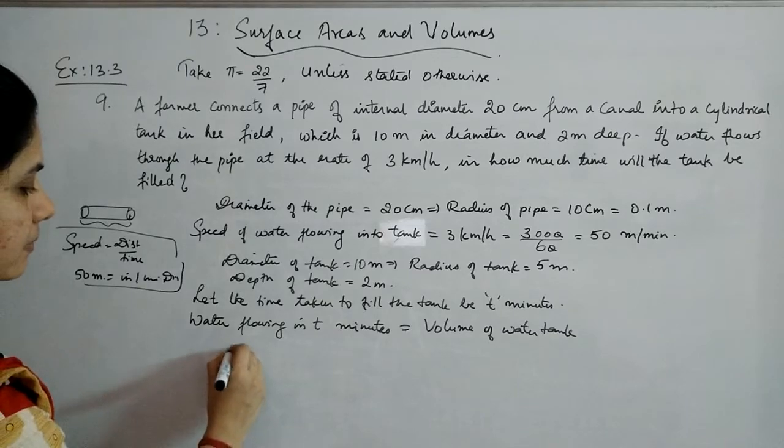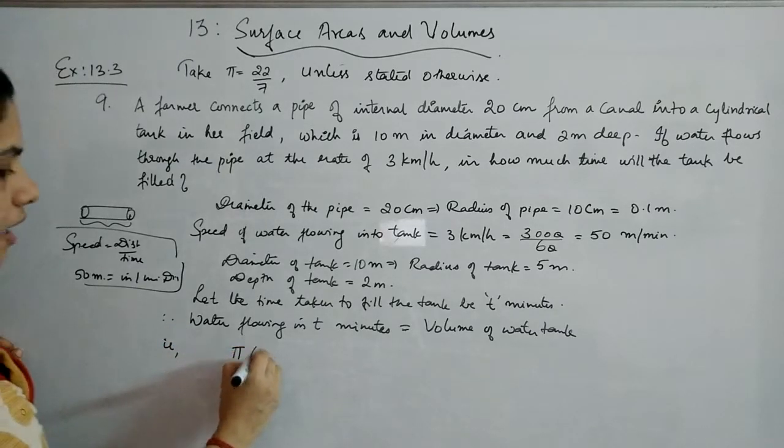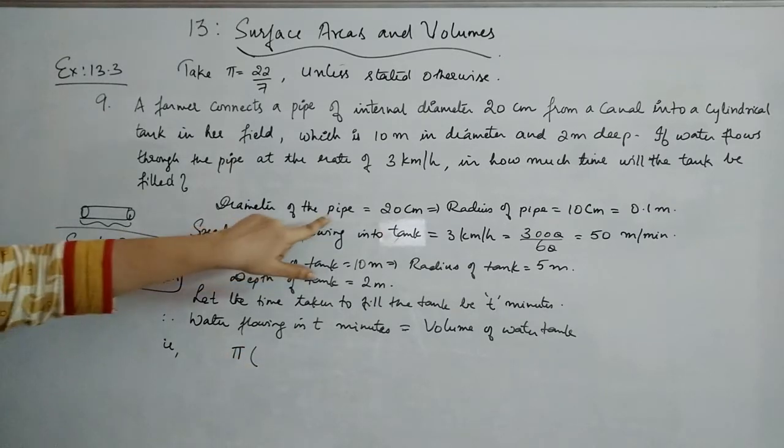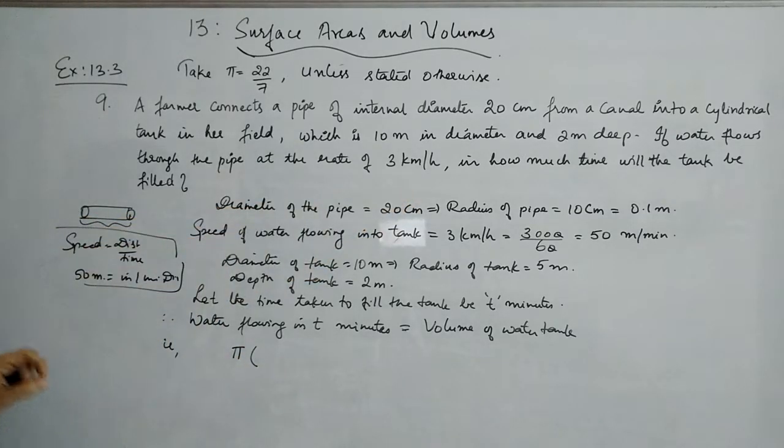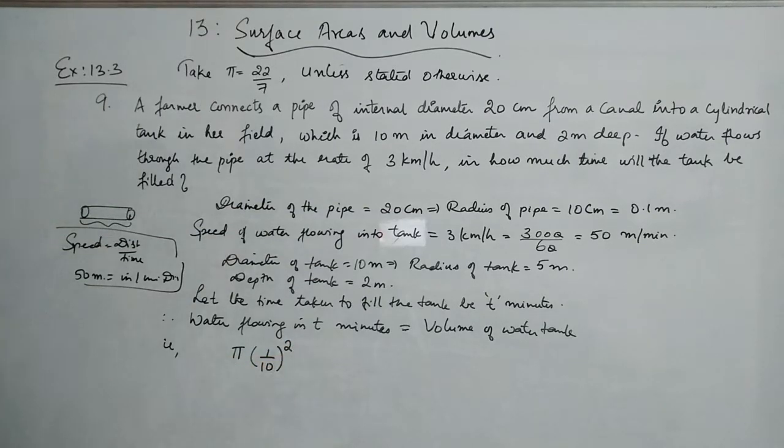So pi into r square h. What is r here? It is for the pipe, so it is 0.1, which is 1 by 10. Again h: 50 meters is covered in 1 minute, and we are taking T minutes, so it will be 50 into T, the distance covered in T minutes.